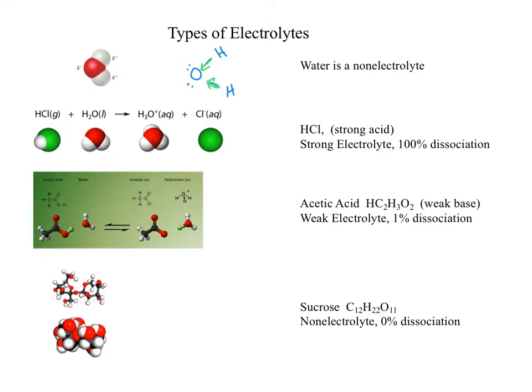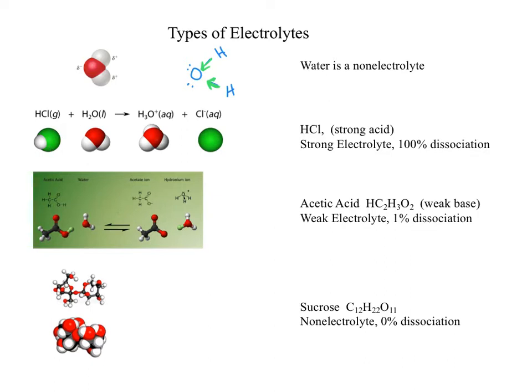The oxygen pulls the electrons in the bonds towards itself, meaning it's a little bit electronegative. And that's how you end up with these partial negative and partial positive parts of water. The bonds are still covalent, but a little bit polar. So water itself is a non-electrolyte, and that means it does not conduct electricity. That's if it's pure water.